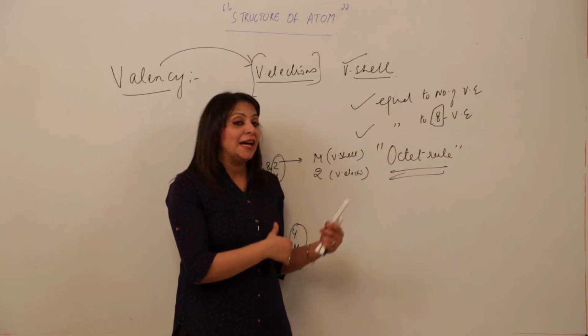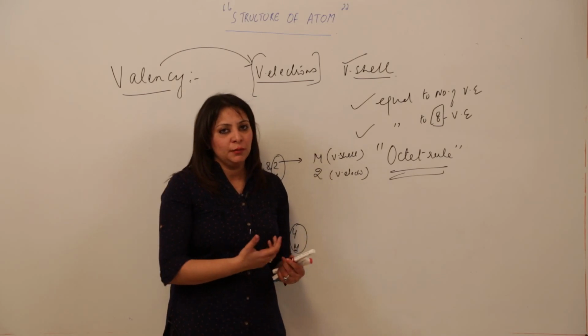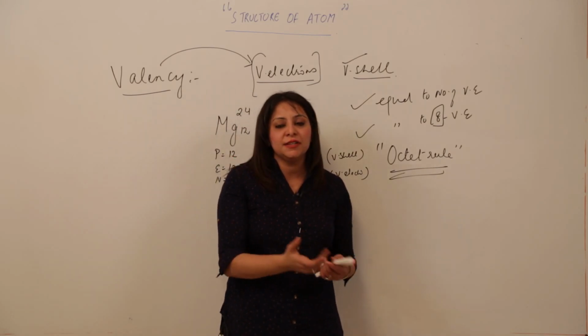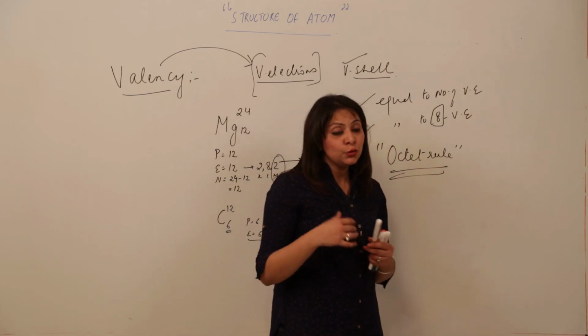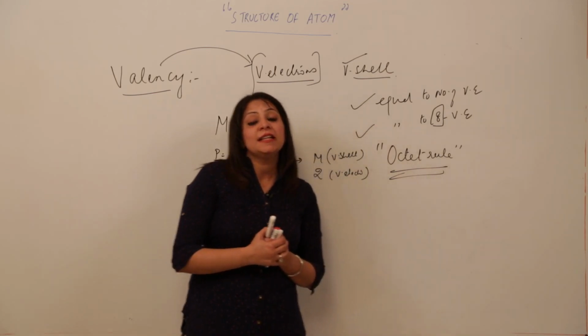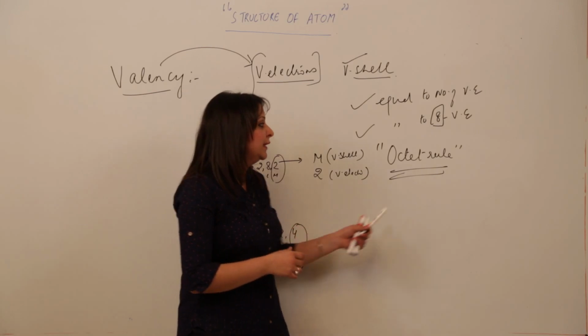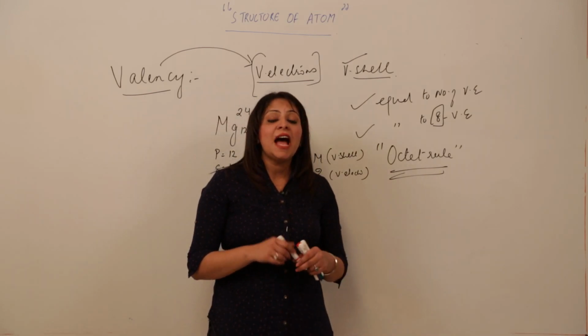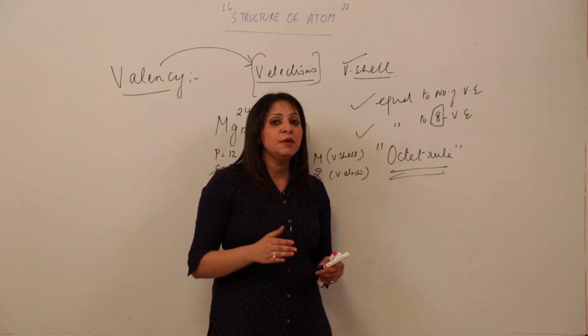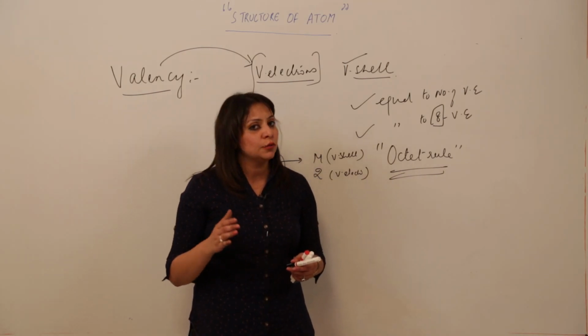So in the case of an atom, since an element is definitely made up of atoms only, to attain stability the atom must fulfill this octet rule. It says that the atom should get a maximum of 8 electrons in its outermost shell.